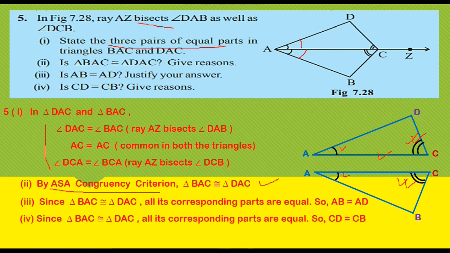So AB is equal to AD. Again, fourth question, is CD equal to CB? Give reasons. Yes, CD will also be equal to CB because if the 2 triangles are congruent, all the other corresponding parts will be equal.